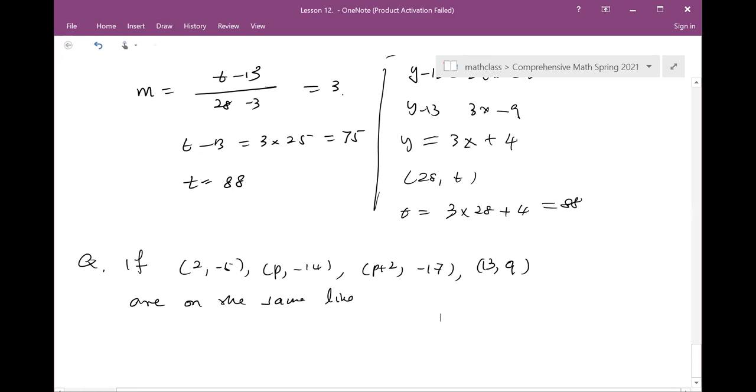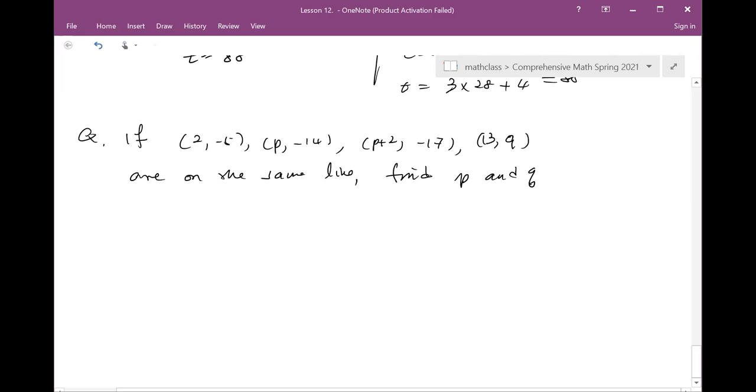Okay, find the value p and q. Okay, I want you to try it now. So you have 4 points on the same line, but they're not arbitrary. Okay, partial of the information is already determined. Since they're on the same line, it should determine the value of P and Q. Okay, so please do this.